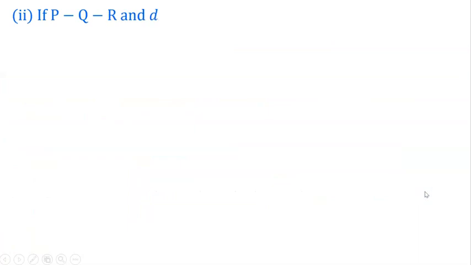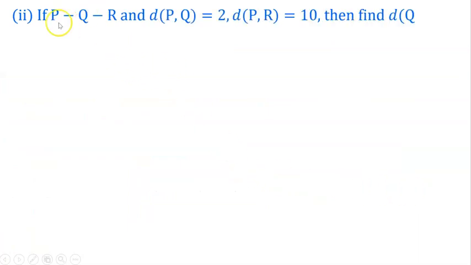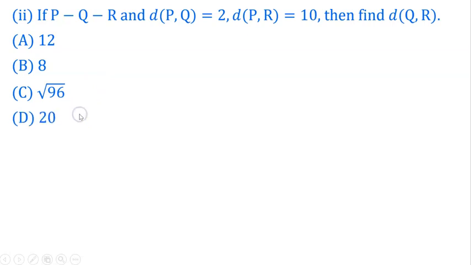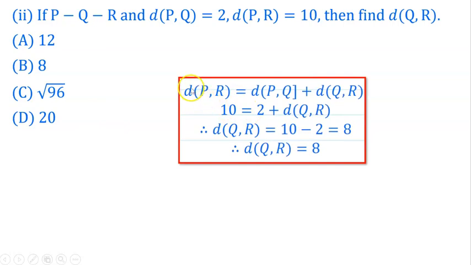Now next question, if Q is in between P and R and distance PQ is equals to 2, distance PR is equals to 10, then find distance QR. First option A is 12, B is 8, C is root of 96, D is 20. Now we'll solve this. As Q is in between P and R, therefore what is the longest distance?